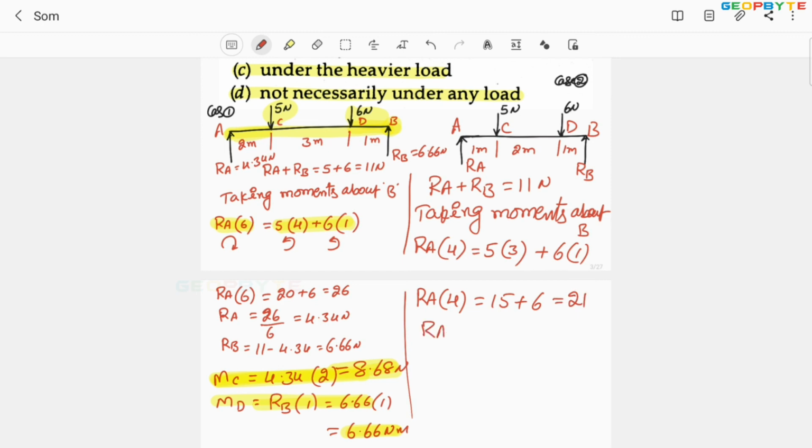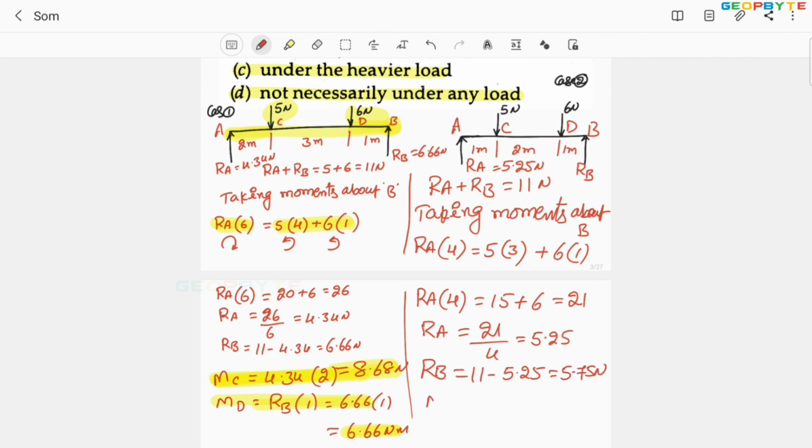Then RA equals 21 by 4, equal to 5.25 newtons. Then RB equals 11 minus 5.25, equal to 5.75 newtons.